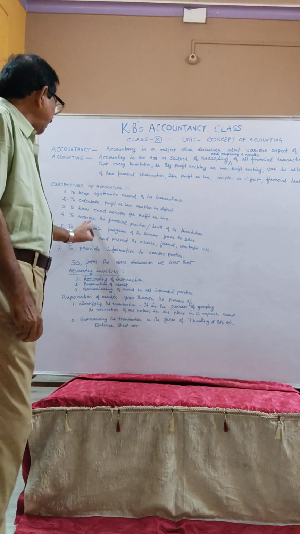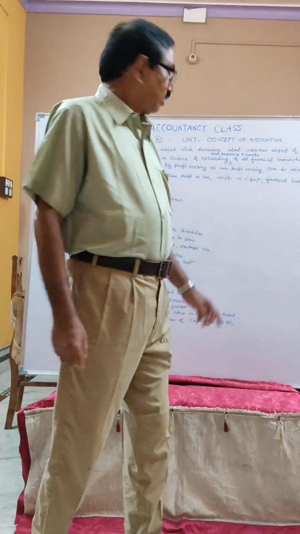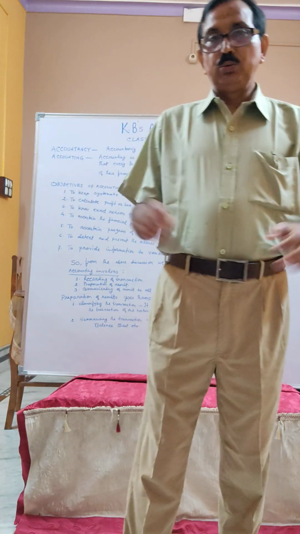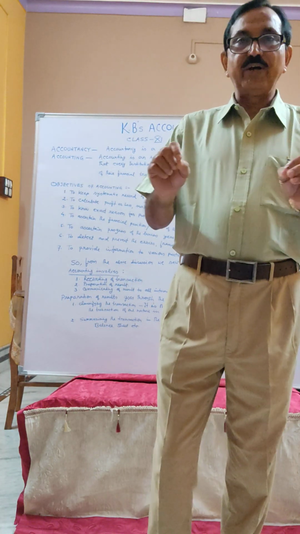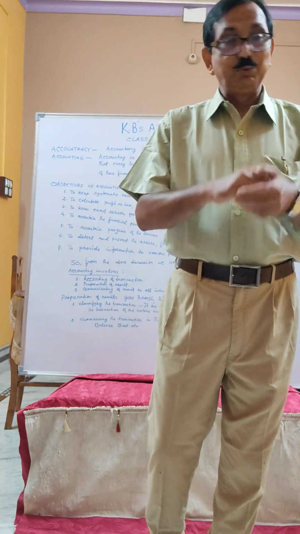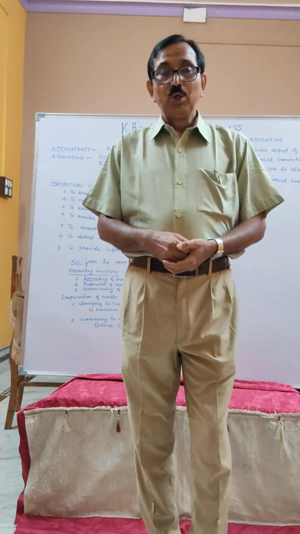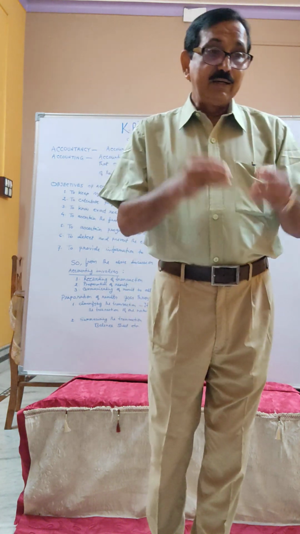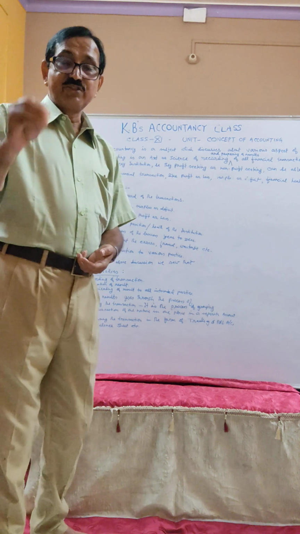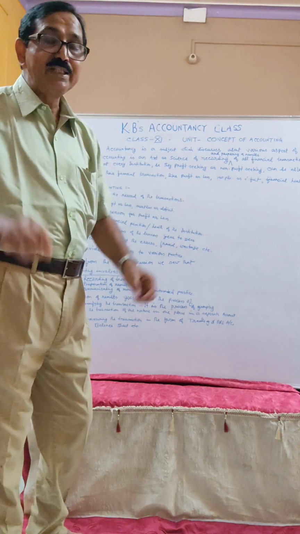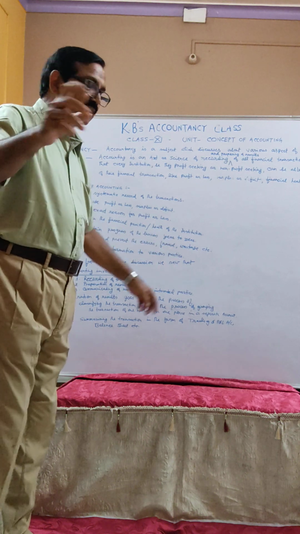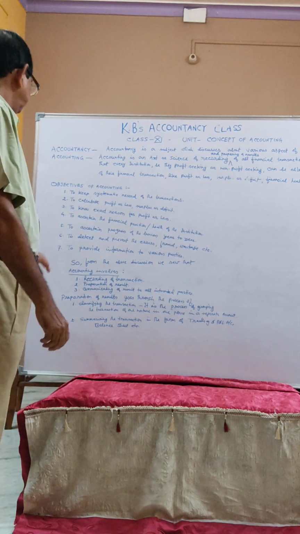Number four, to ascertain the financial position or health of the institution. In order to know the financial health or financial position of the business, we have to prepare a balance sheet. Without recording the transactions, without analyzing the transactions, we cannot make such a statement which is called a balance sheet to know the financial position or financial health of the business.